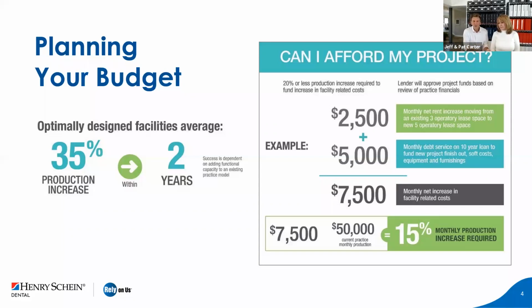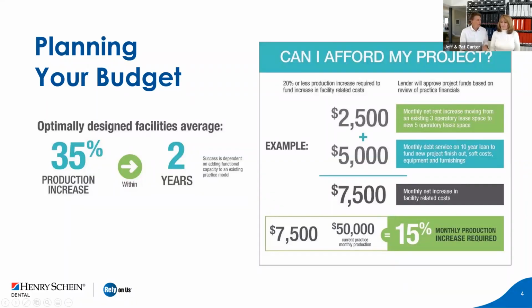At the end of 2 years, if they're up 35%, they've more than covered the 15% and have 20% left over, so they're putting money into their pocket. A new, very well-designed office that adds function, you can count on somewhere around a 35% increase. Some people have done fabulously greater than that, but keep that in mind. That gives you confidence that you're able to fund it.